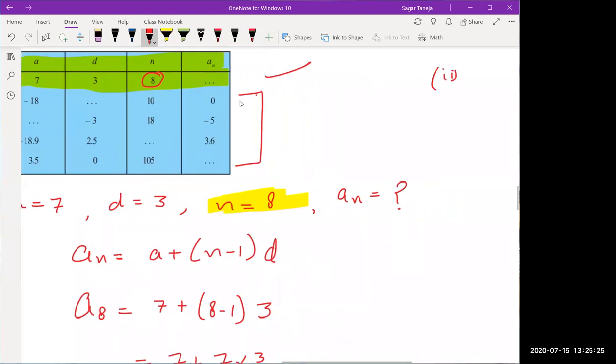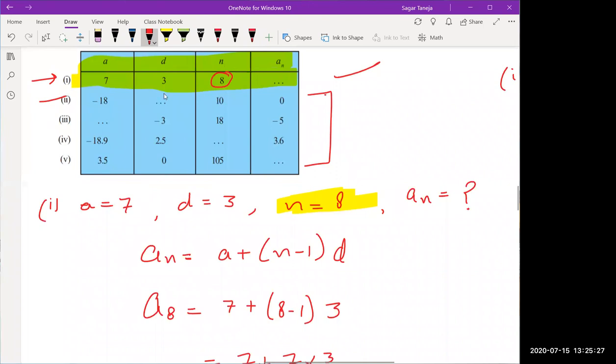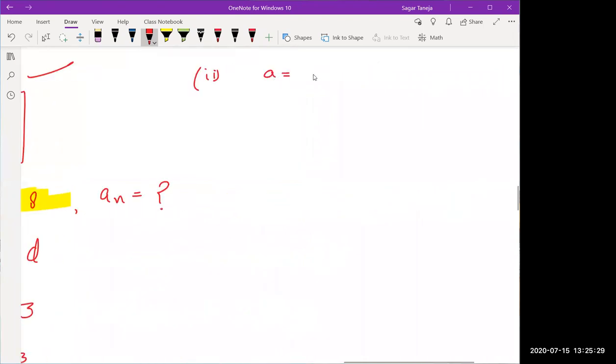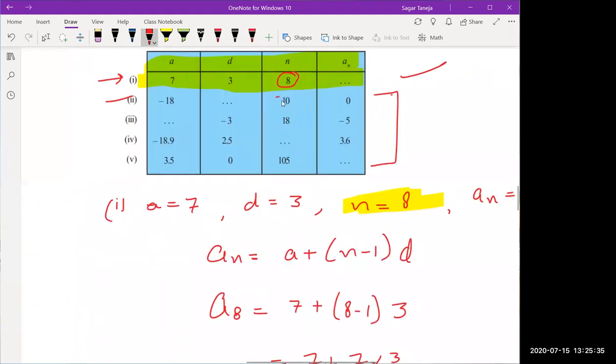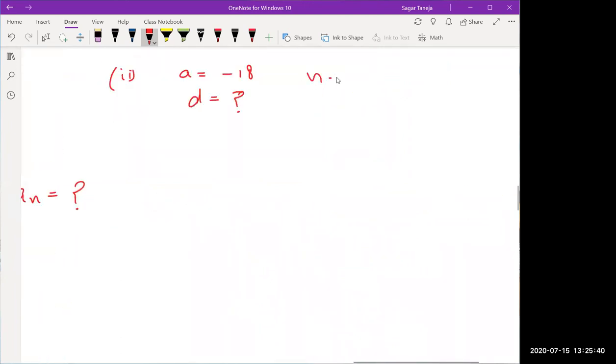In the second part, a is minus 18 and d we need to find out. After this, n is 10 and an is 0. N is 10, the number of terms in the AP is 10, and an, the last term, is 0.